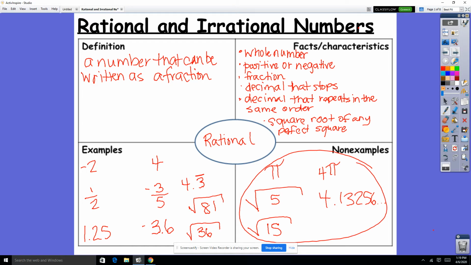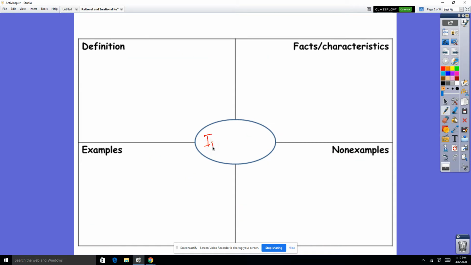The next word we're going to talk about is irrational. So we're going to look at another Frayer model to help us talk about irrational numbers. An irrational number is a number that cannot be written as a fraction.